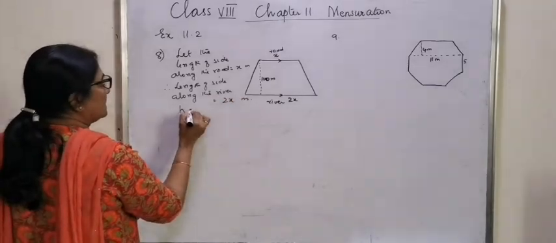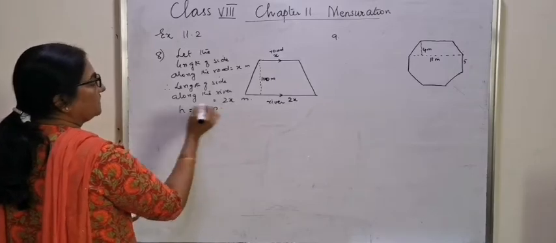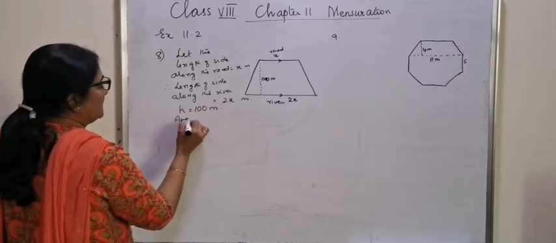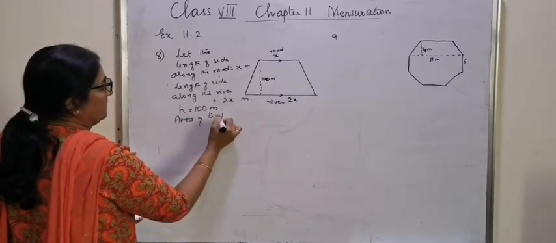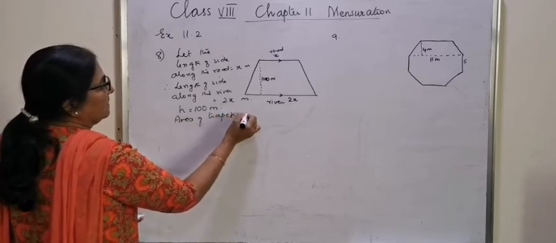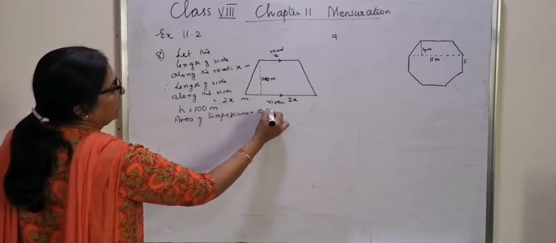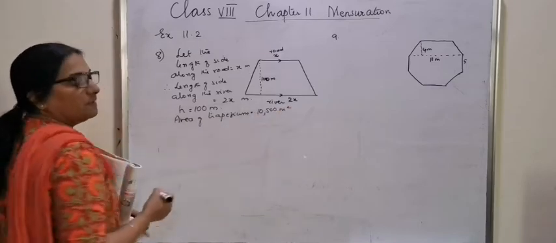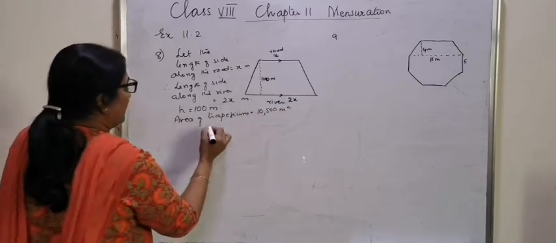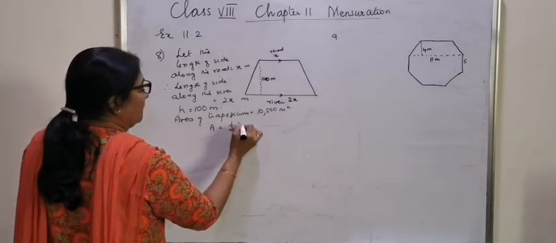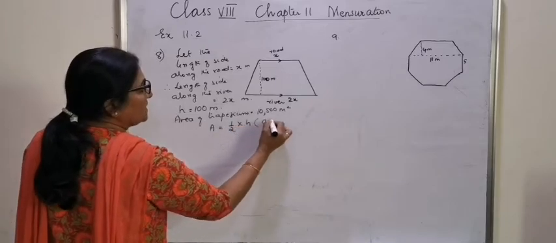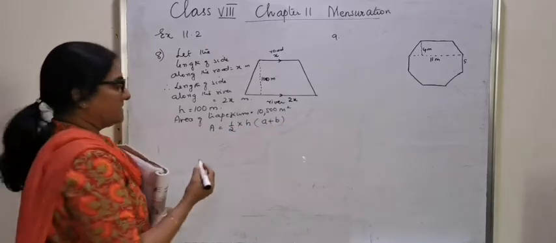Then height is given as 100 meter. Area of trapezium is given as 10,500 meters square. What is the area for trapezium? Area is equal to half into height into sum of the parallel sides.